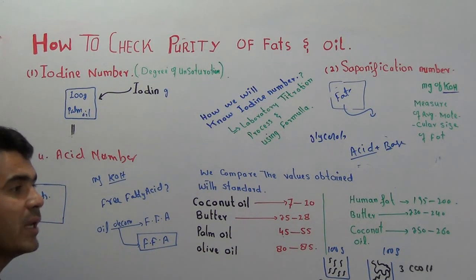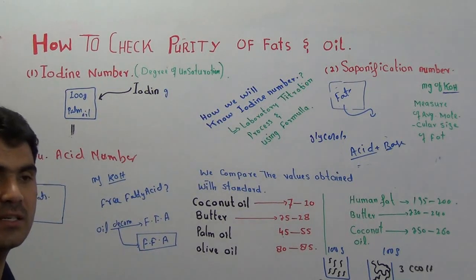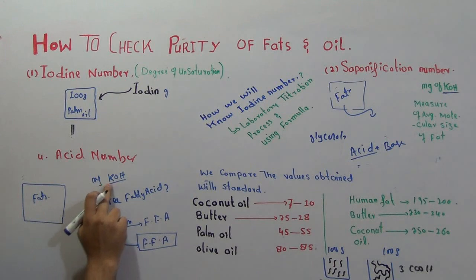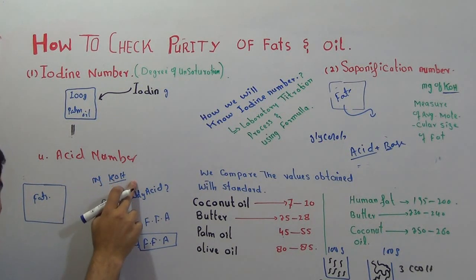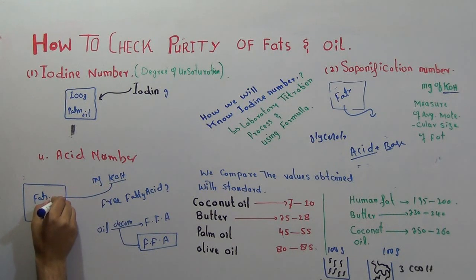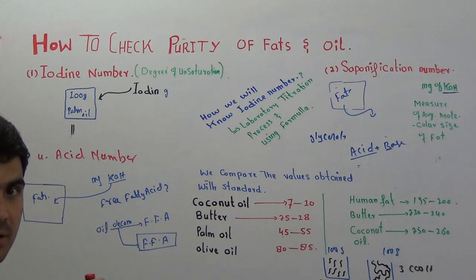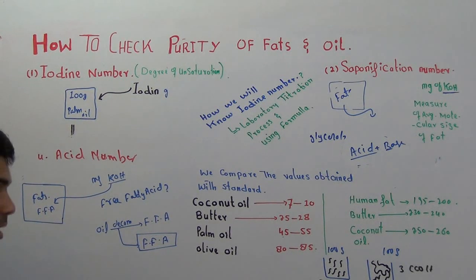So again we will check whether the fats or oil contain free fatty acid or not. For this purpose we will add some potassium hydroxide in milligrams. If the potassium hydroxide is consumed, it means there was some free fatty acid present.